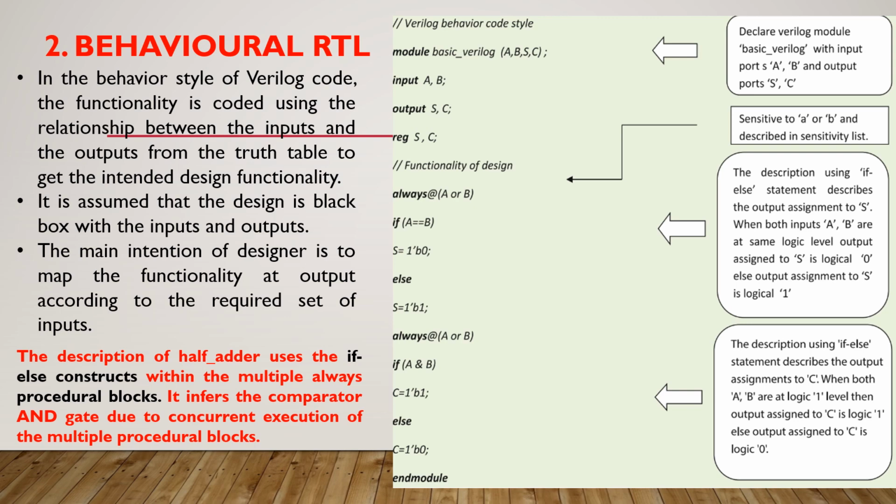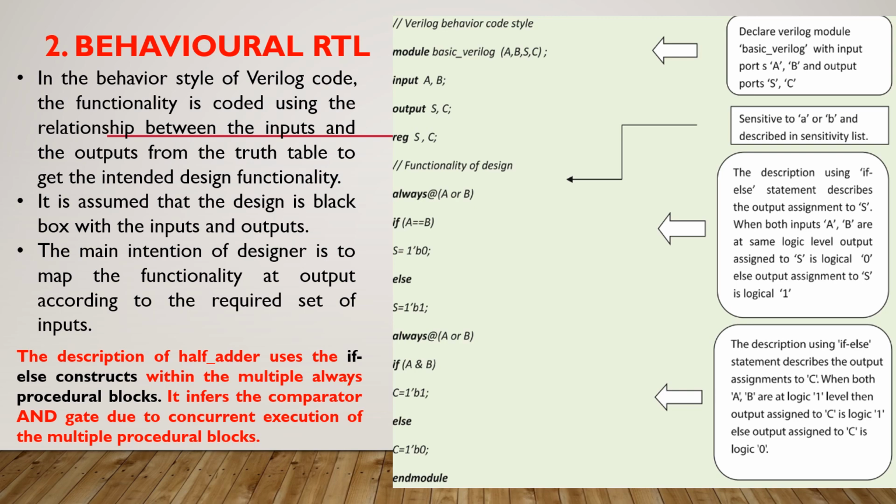See, if you want to write the program in the behavioral style, there is no need to understand the exact structure in terms of gate level. The only thing is you have to know the exact behavior of your design. How can we understand this? From the truth table, the relationship between the input and the output will give you the relationship.